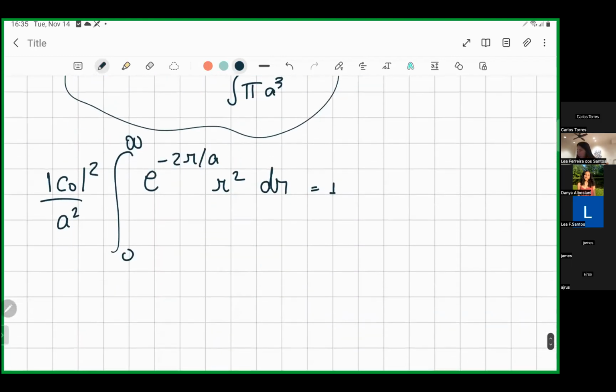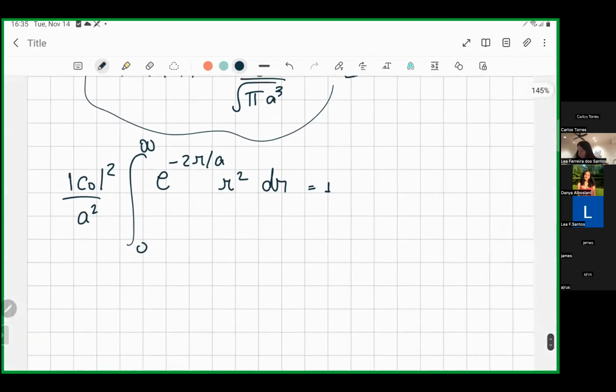And how is it that we solve this integral? By parts. Yeah? So I can put this r squared here in the exponential and solve it by parts. So you can go on saying that u is r squared and the dv is that.